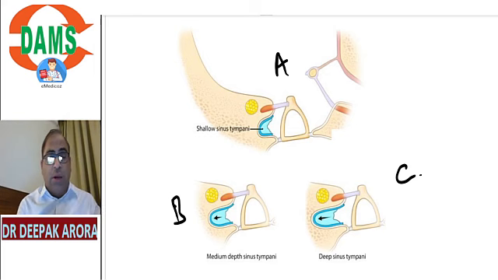Out of these 3 given slides, in which slide will the patient have a very poor prognosis? Apply your common sense, reply in the chat box. A, B, C. Who will have a very poor prognosis?